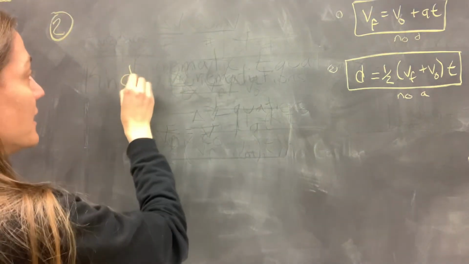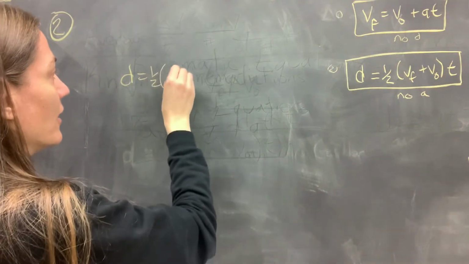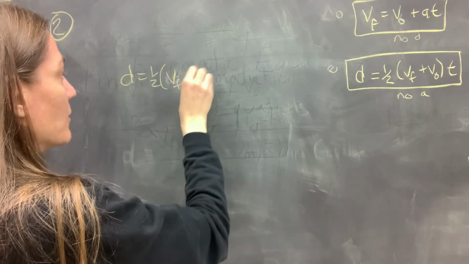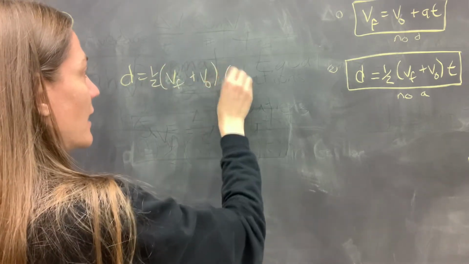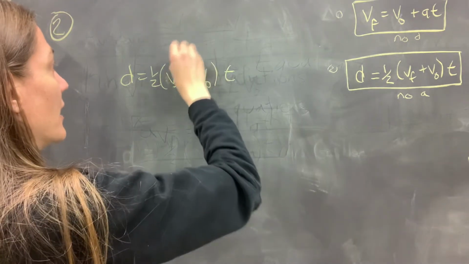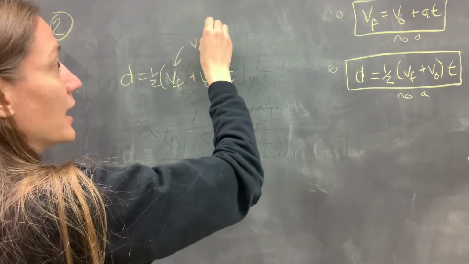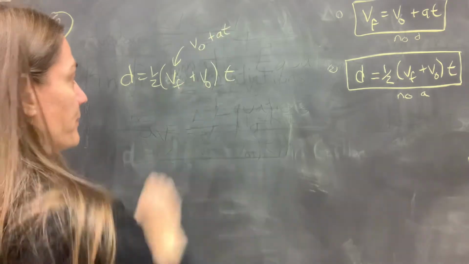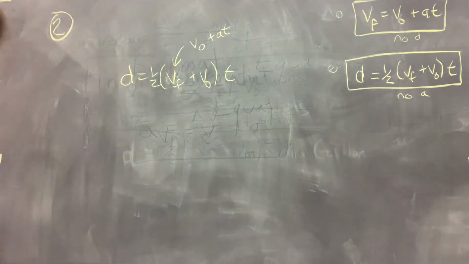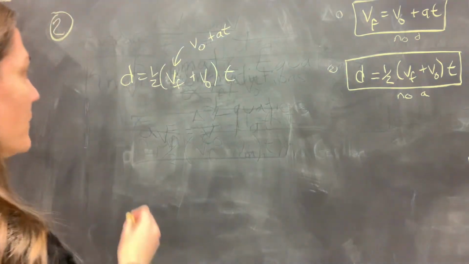So I'm going to take my D equals 1/2 VF plus V naught times T, and for VF, I'm going to plug in V naught plus AT. Are you ready? Okay.